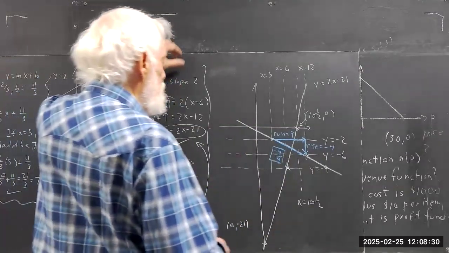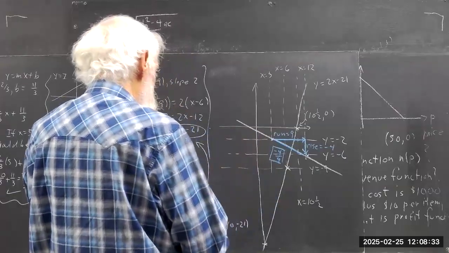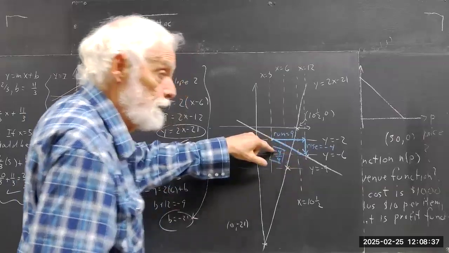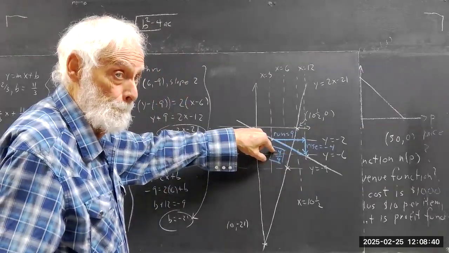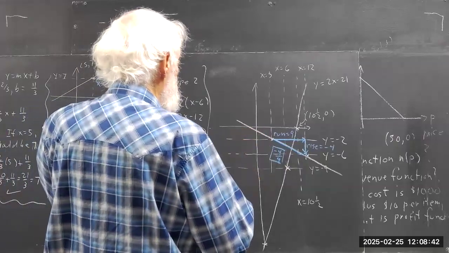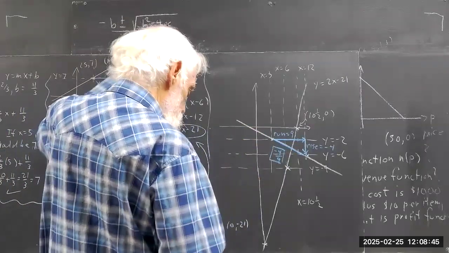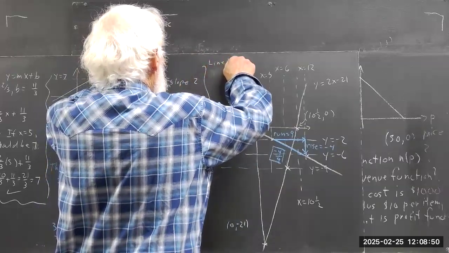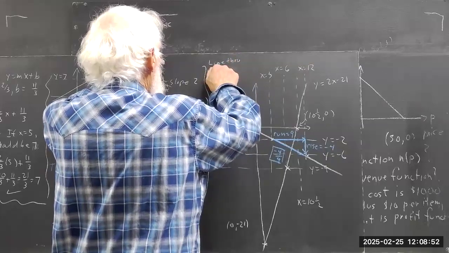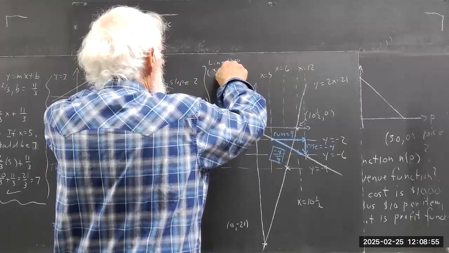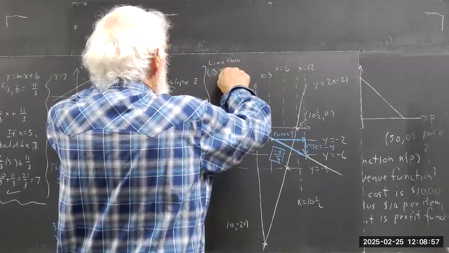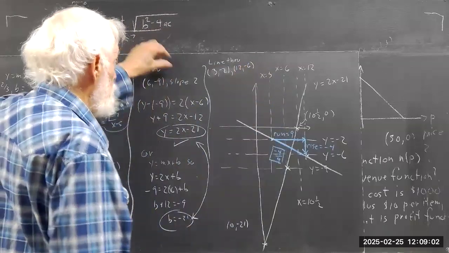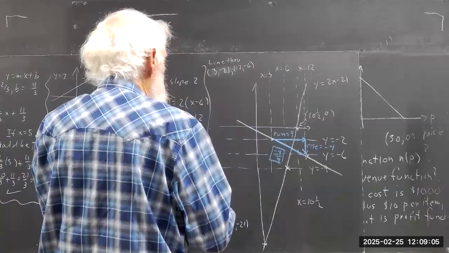Now we know, if we've got 2 points, we can always find the slope. So we know the slope of the line through 3, -2, and 12, -6.